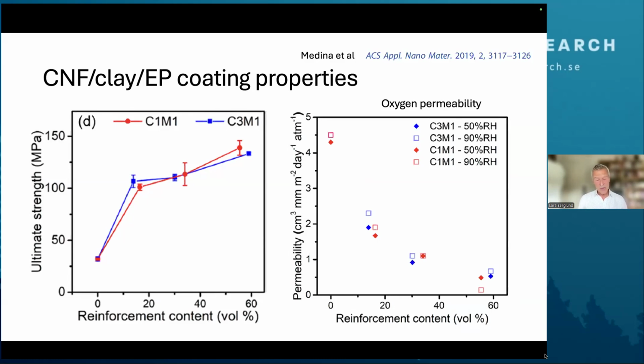But the key thing is really the oxygen permeability. If you look on the right-hand side there, you see very strong effect from reinforcement content. So these clay platelets are really efficient. And the fact that we use epoxy in combination with these materials means that we get down to very low oxygen permeability levels, and it's not sensitive to moisture either.